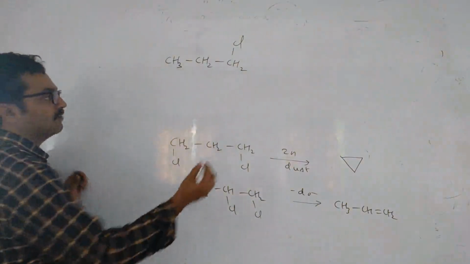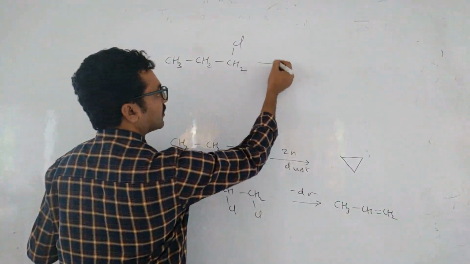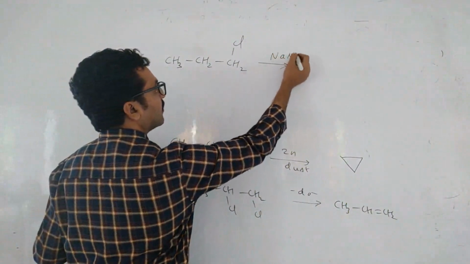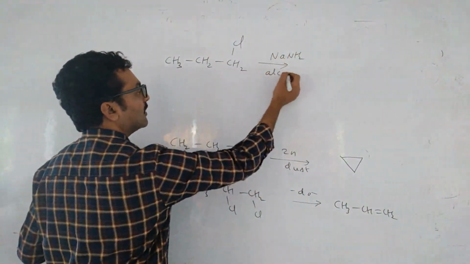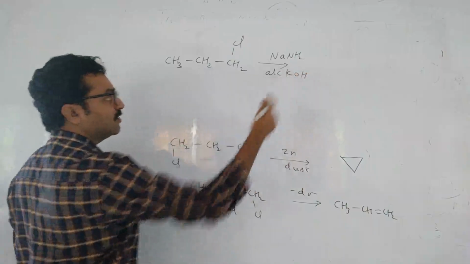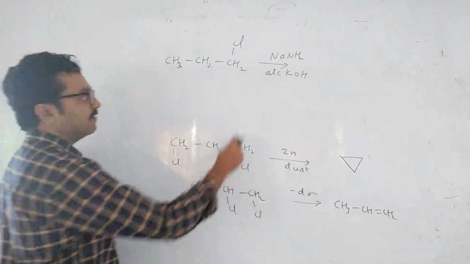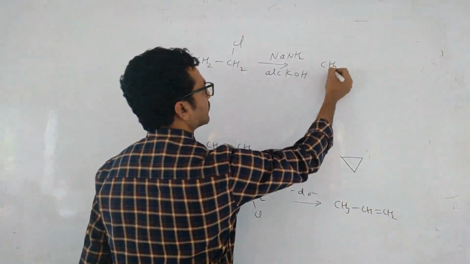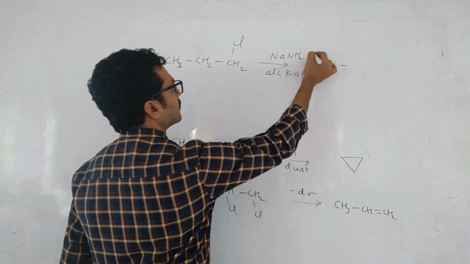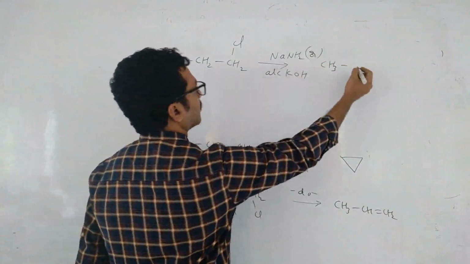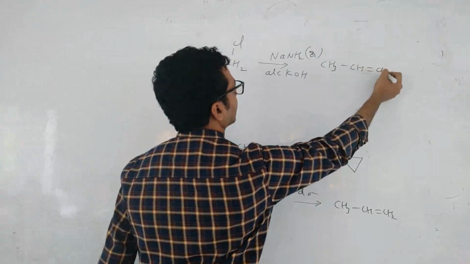Here, what will you get? Reagent? Sodamide or alcoholic KOH. If you use aqueous KOH, what happens? Substitution takes place. So alcoholic KOH gives elimination. This or this, don't write both. NaNH2 or anything, you will get an alkene, right?